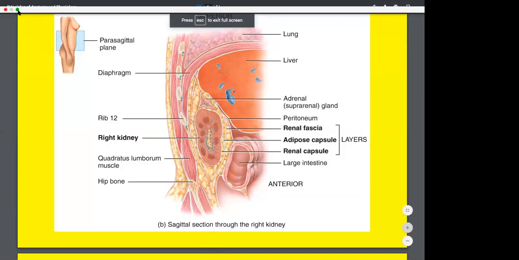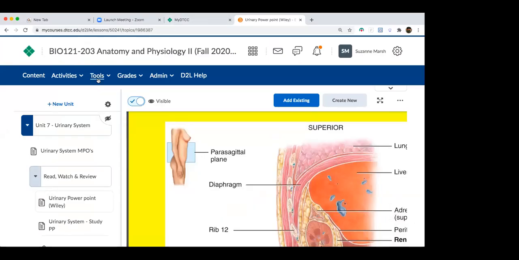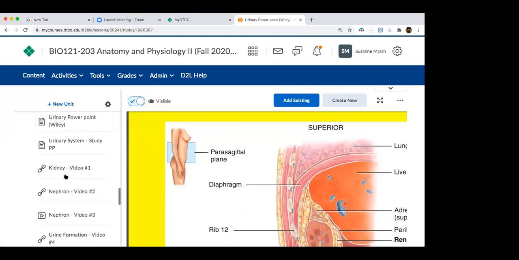All right, and let's go back to our section here. And I need to do a new share. All right. And this is our nephron.